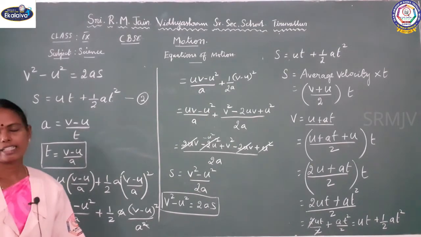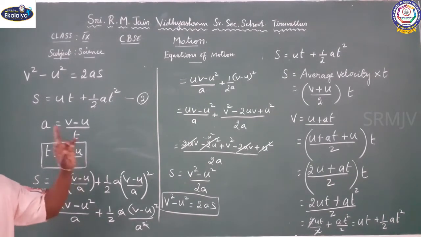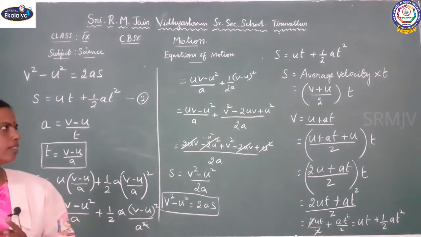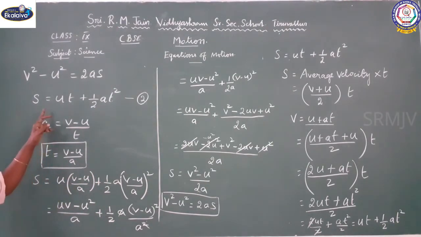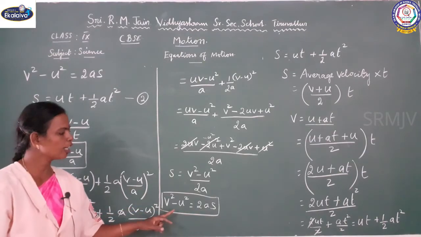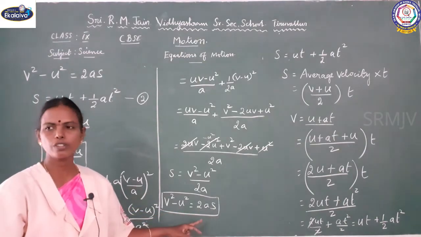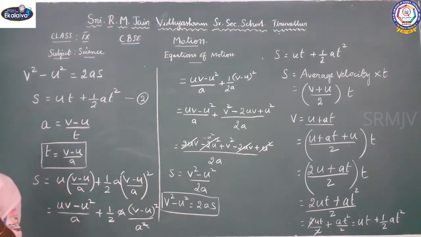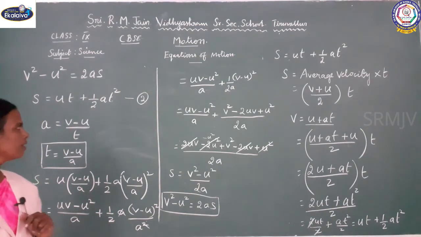Now we will recall. What is the first equation of motion? v is equal to u plus at. Second equation, s is equal to ut plus half at squared. Third equation, v squared minus u squared is equal to 2as. The first equation is derived from acceleration.